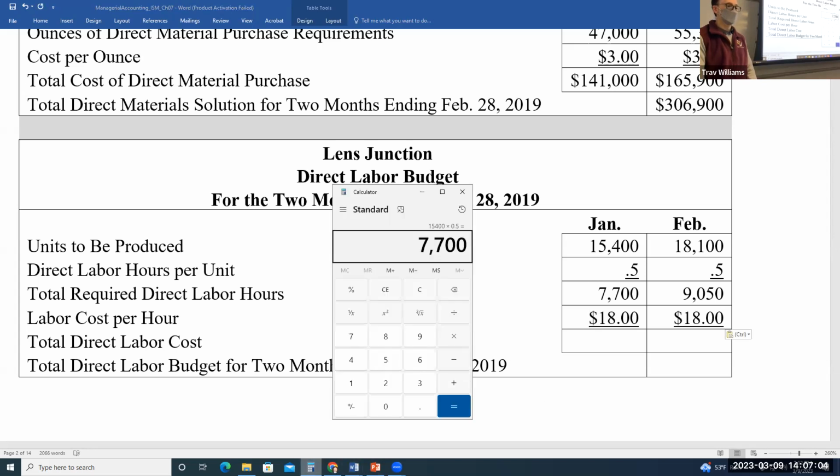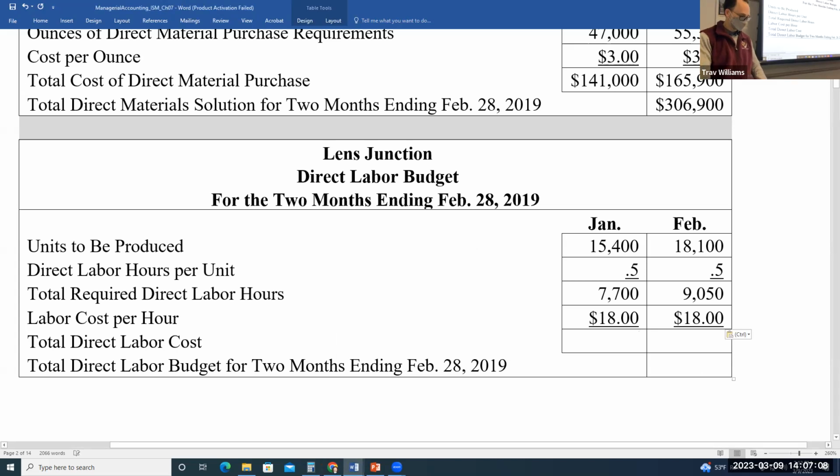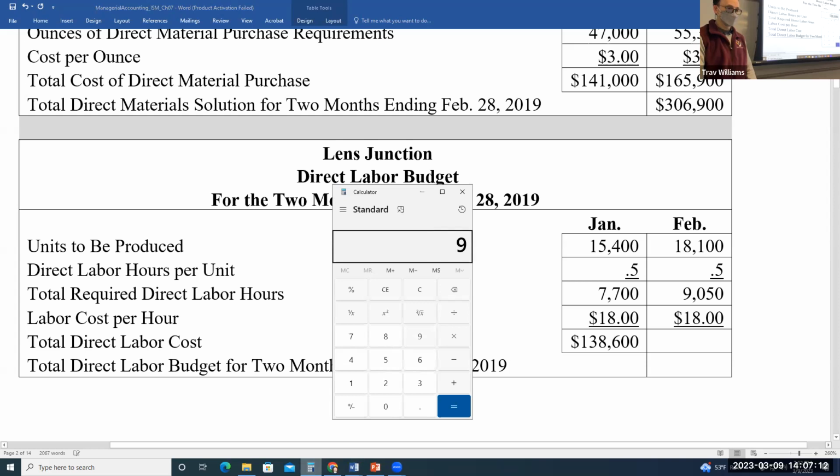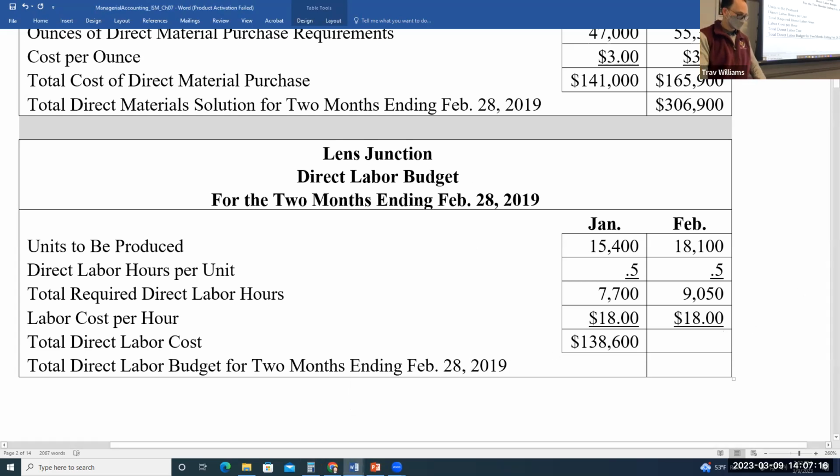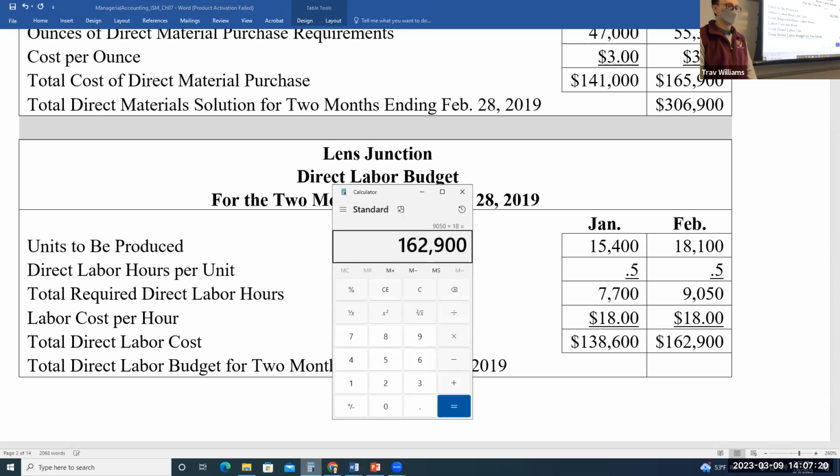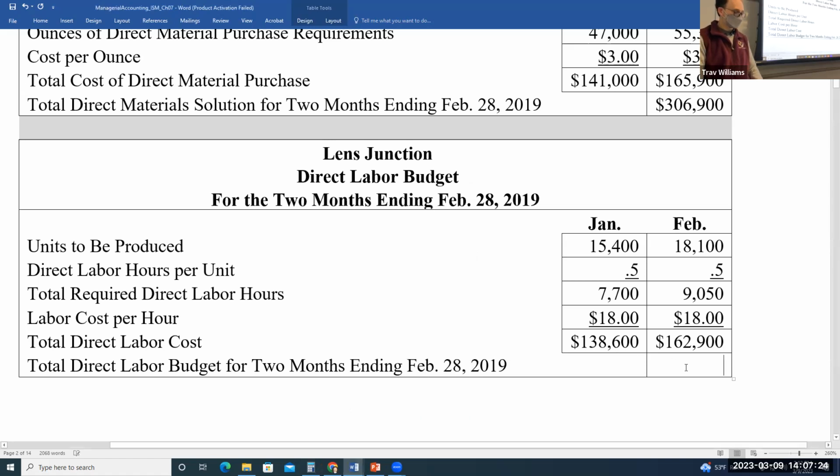Now we can multiply. Then we add to get our total for both months combined, and looks like $301,500.